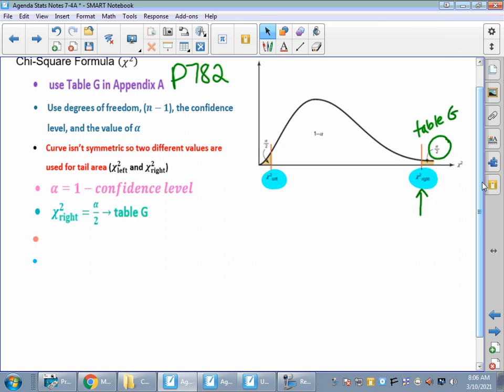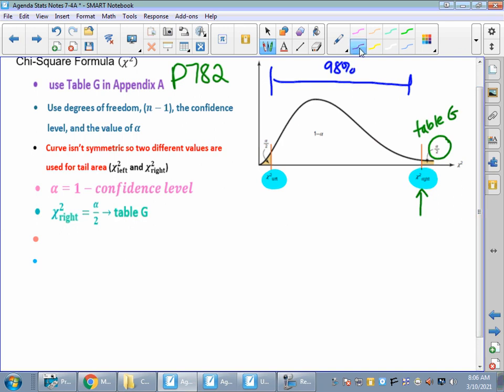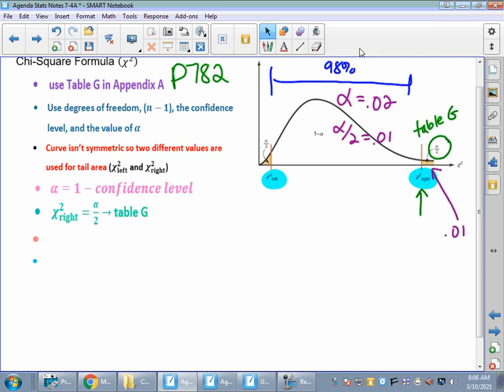We're still splitting that alpha. If we are 98% confident here, we still have 2% not confident, right? So our alpha would be 0.02. So our alpha over 2 would be 0.01. Well, we would look up that 0.01 over here.